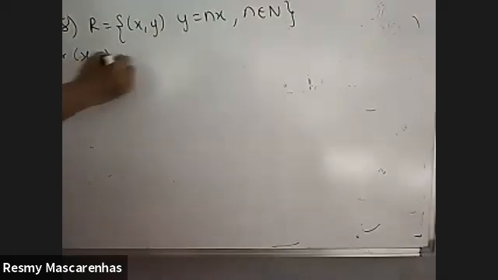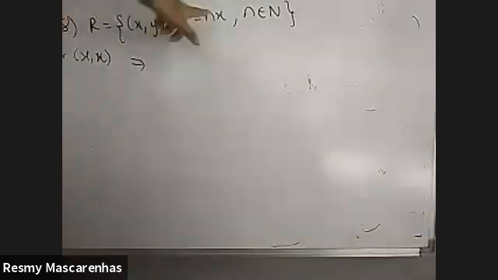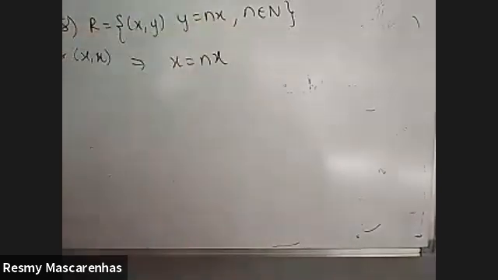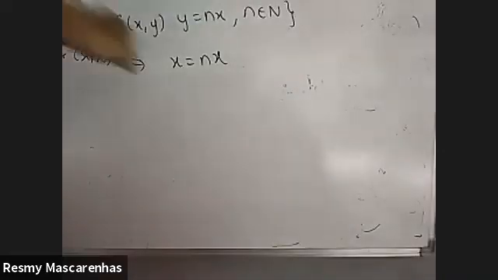So x is equal to x. Instead of y also, y will be equal to nx. So for what it will hold true, x should be equal to x. So n is a natural number. So only for one number it will hold true.